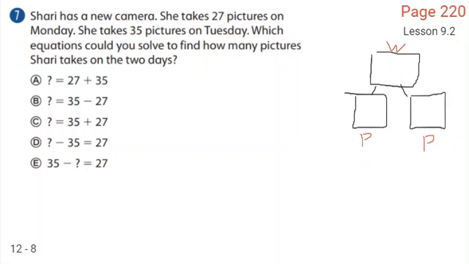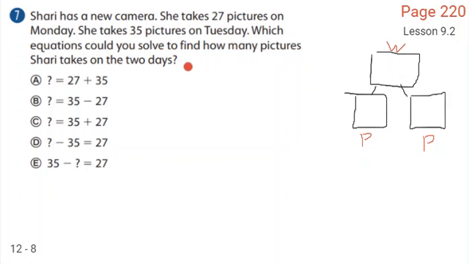All right, welcome back. Let's read the problem here. Sherry has a new camera. She takes 27 pictures on Monday. She takes 35 pictures on Tuesday. Which equations could you solve to find how many pictures Sherry takes on the 2 days?